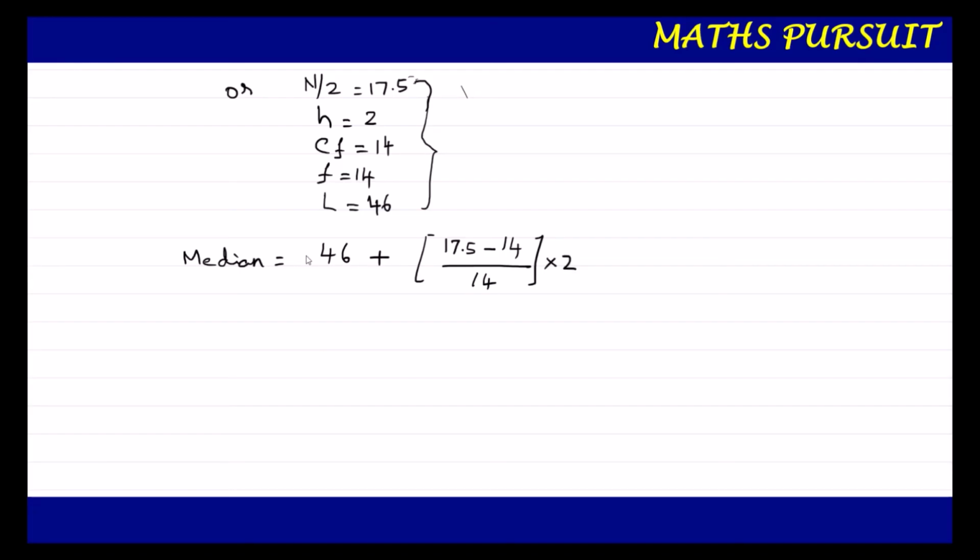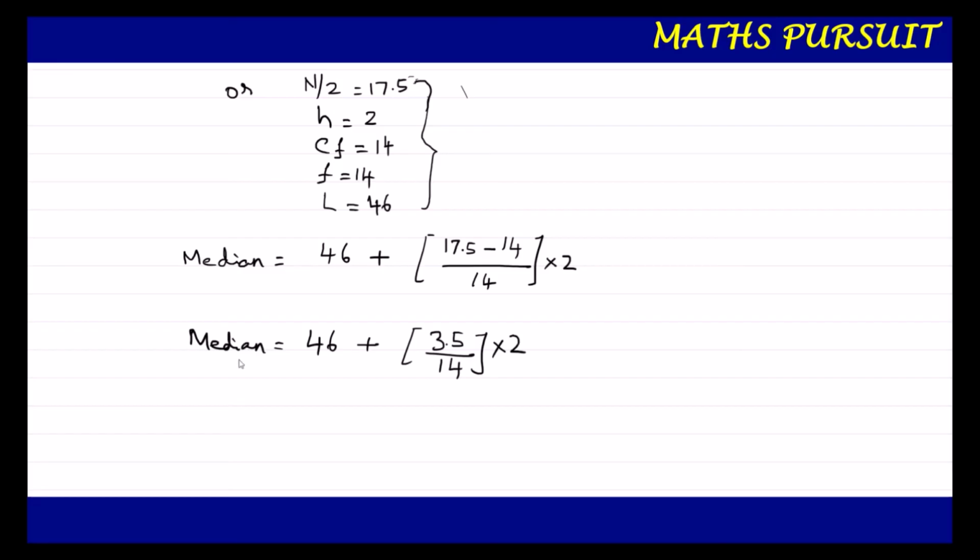Class height here is 2. Or I can write median is equal to 46 plus 17.5 minus 14 is 3.5, 3.5 upon 14 into class height, that is 2.